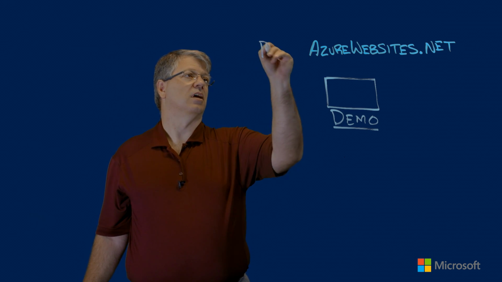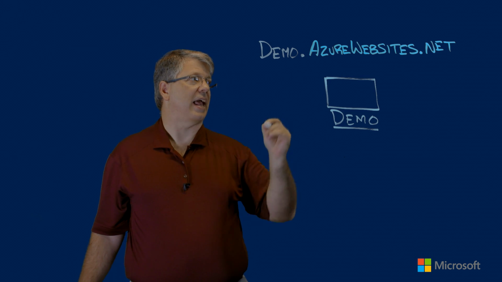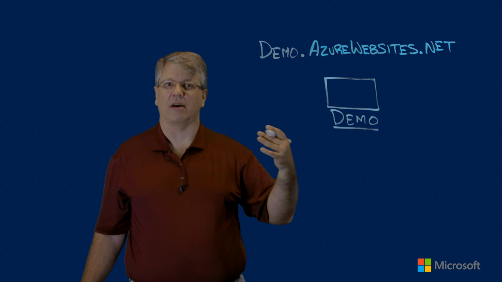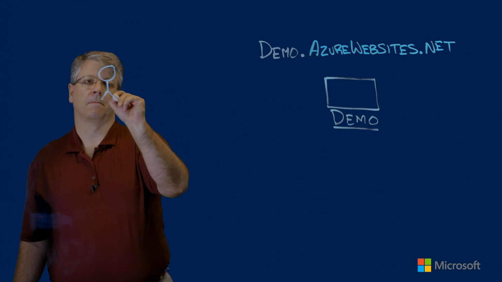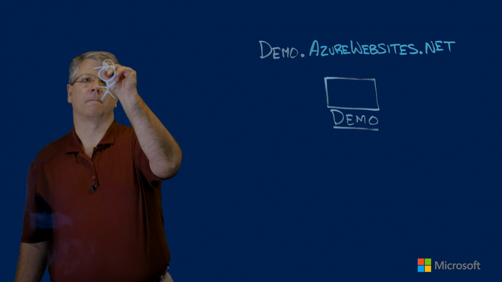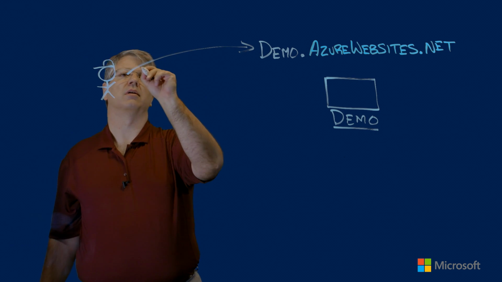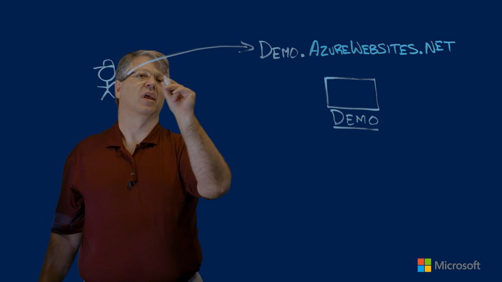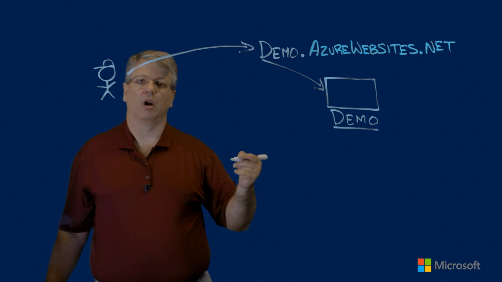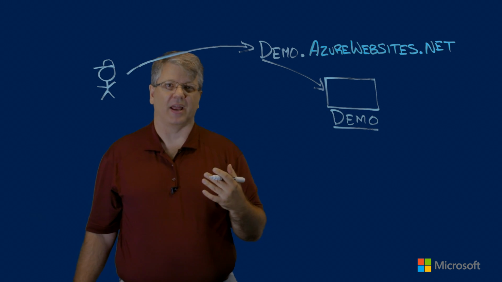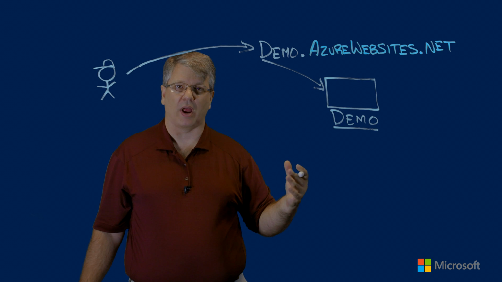And what happens is that's going to go demo.azurewebsites.net, and you can have your users sitting over here and they can use that URL to get to your application.